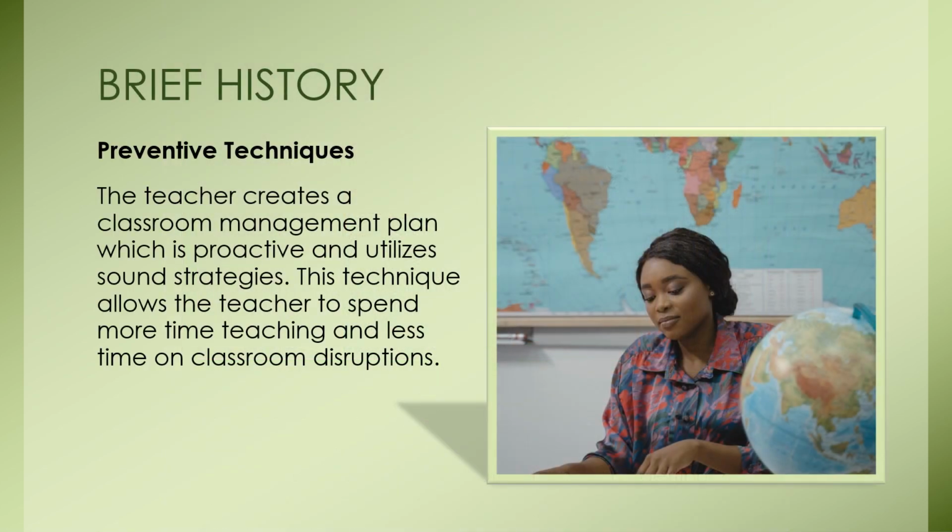And finally, other teachers may use preventative techniques. Basically, the teacher creates a classroom management plan, which is a proactive approach. And this allows the teacher to spend more time teaching and less time dealing with misbehavior.